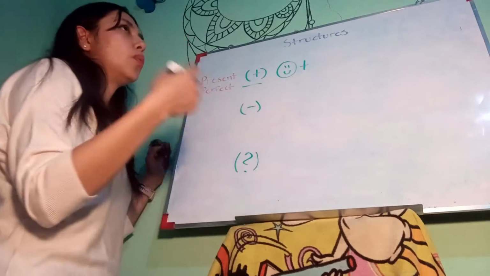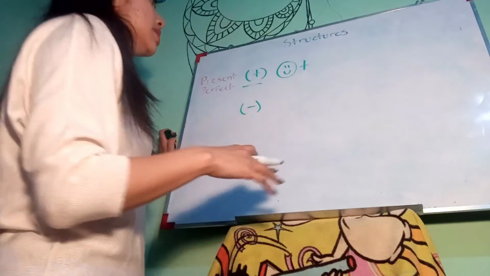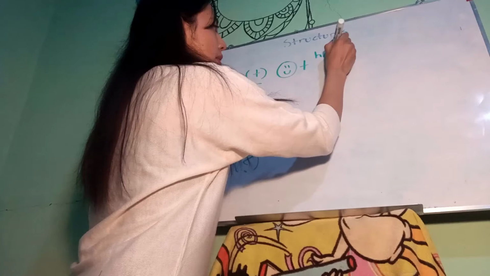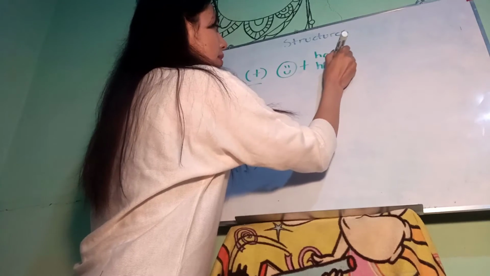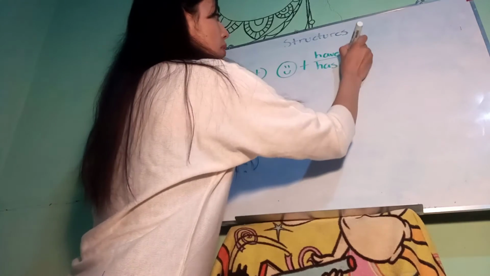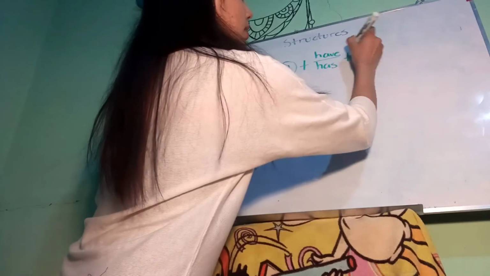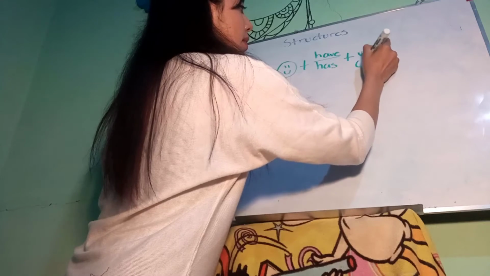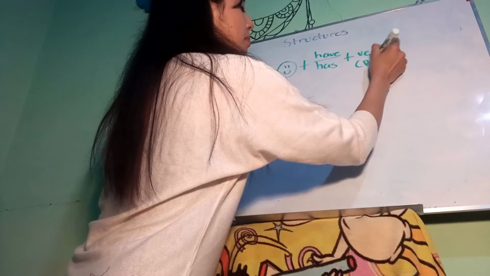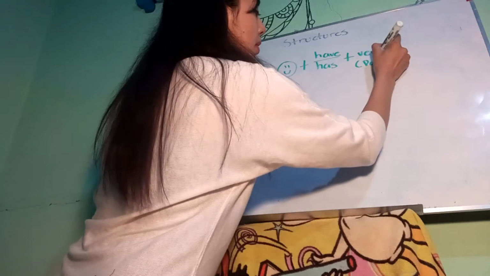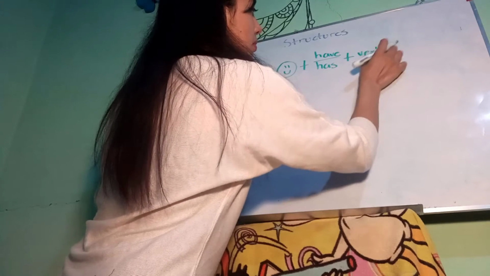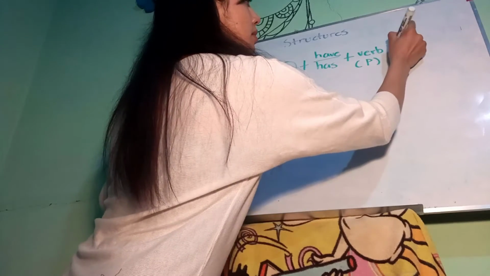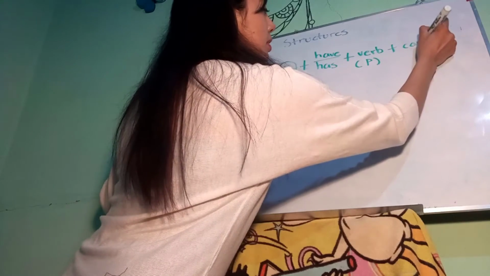Plus, we need an auxiliary. Where is my auxiliary in the present perfect? Exactly, have or has. Plus my verb in participle form and the complement.